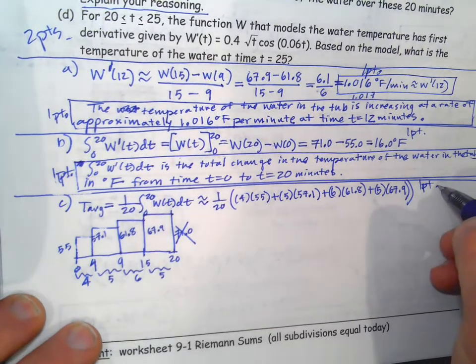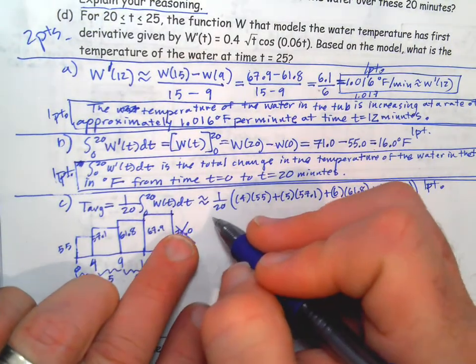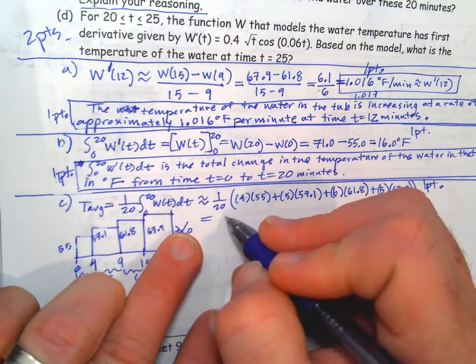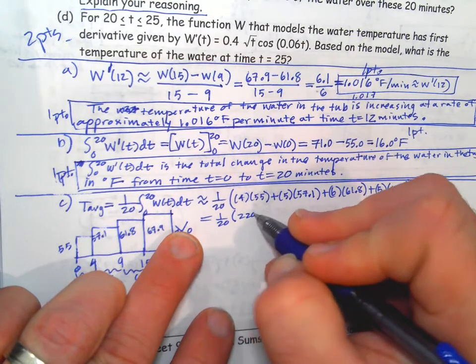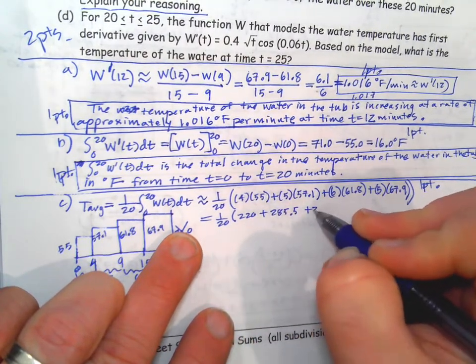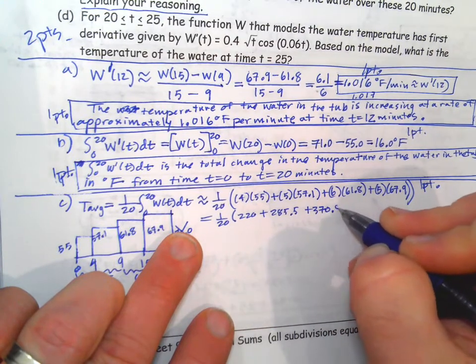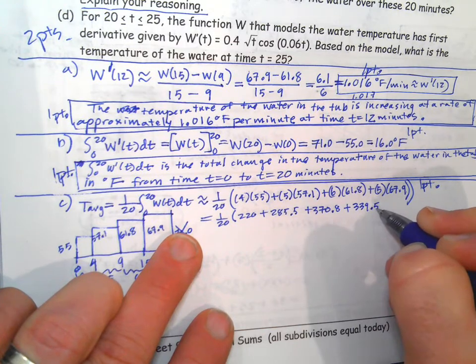Now we are allowed to use a calculator, so I'm going to go ahead and jump into that. So this is 1/20. On my calculator, I got 220, 285.5, 370.8, 339.5. Keep all the decimals right now.